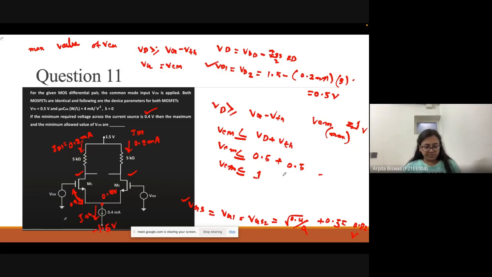So the minimum VCM value is VGS, 0.82 plus 0.4 minus 1.5 volt.